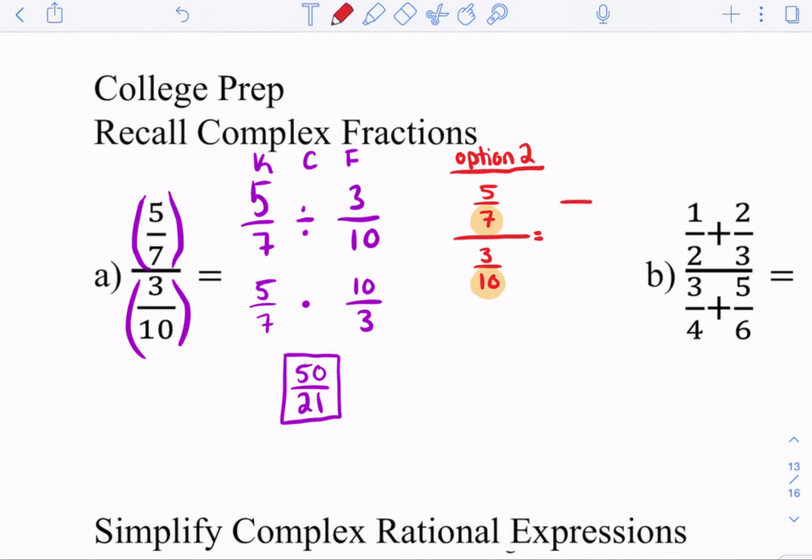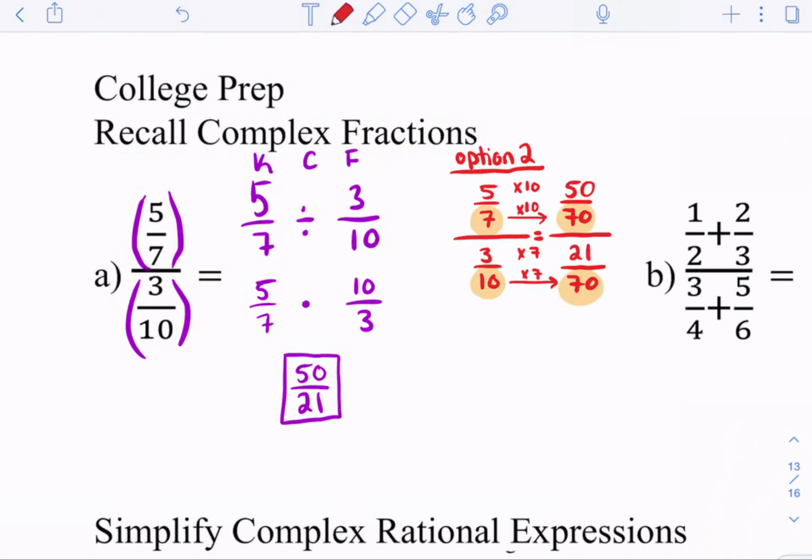So we are now changing our denominators both to 70. So if you notice for the 7, we had to multiply by 10. So that's why here we're going to multiply by 10. It'll give us 50. And here we had to multiply by 7. So on top, if I multiply by 7, I get 21.